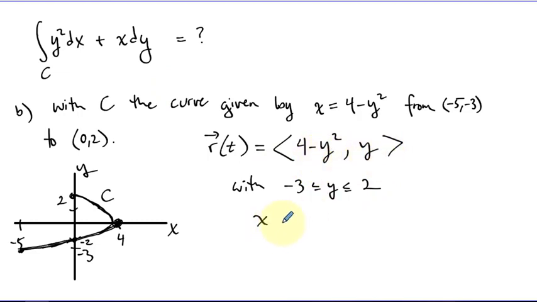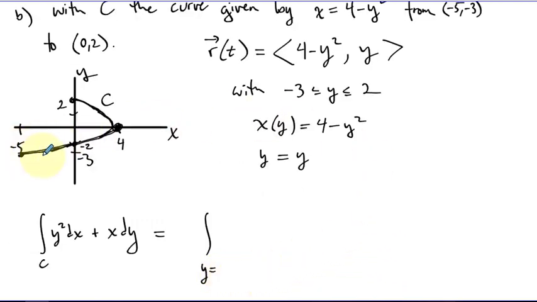So x is 4 minus y squared, and y as a function of y is just y. I go from y equal -3 to y equal 2, and now I need the derivative of x with respect to y, because I need to relate the differentials.